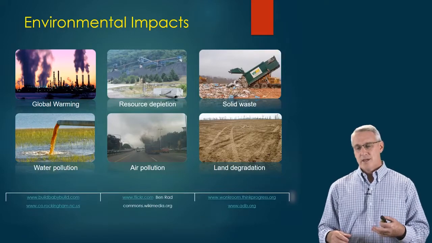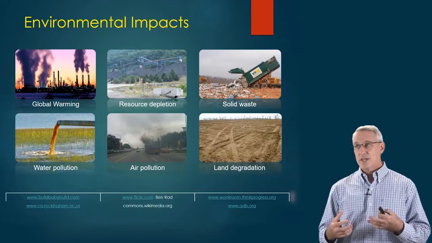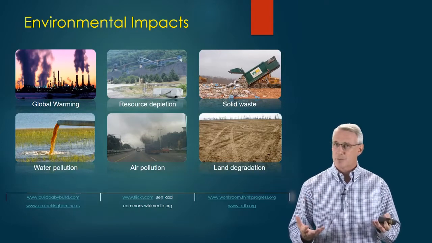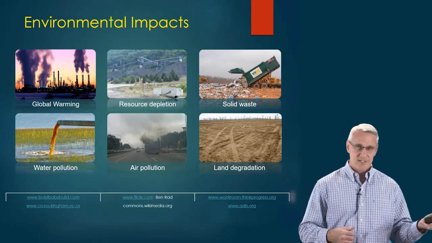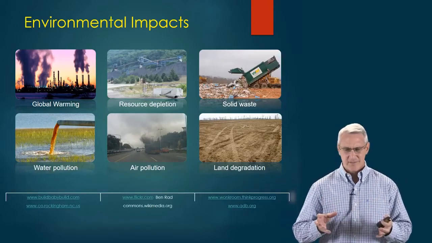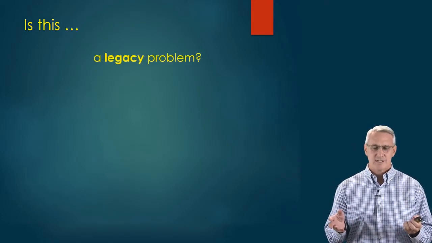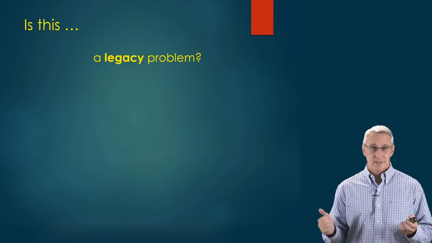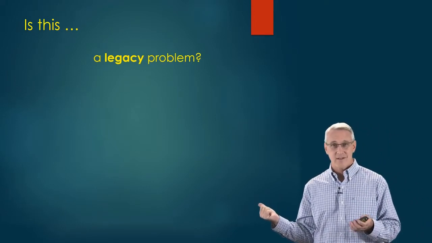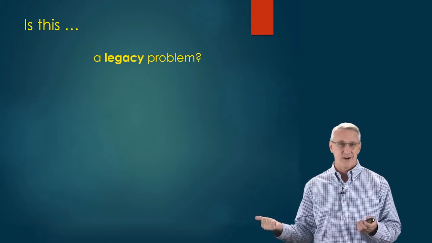So how do we mitigate this, or if we can, reverse this process? Because we're not going to stop making products. People are still going to have needs, and people are still going to want solutions for those needs. So we have to figure out maybe a smarter solution. So we get to a question: is this a legacy problem, because all the products in the past have been the way they have and are causing major problems in the environment?